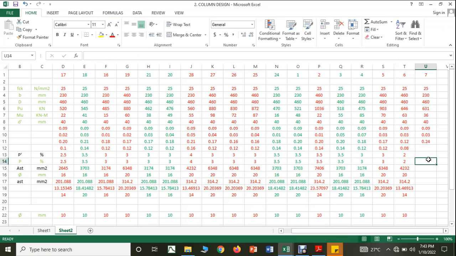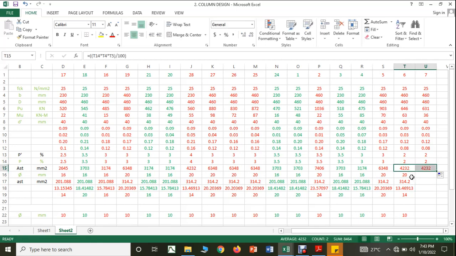So then it becomes 0.24. Still 0.24 is a heavy value only. So therefore let us make this also 460. So then it becomes 0.12 and 0.01. It is almost 0.08 only. So therefore I can get 2%.